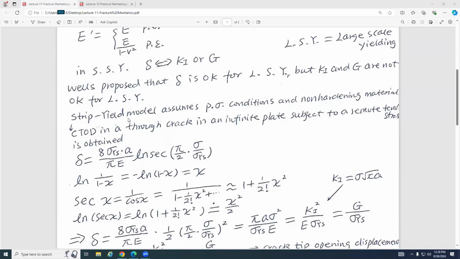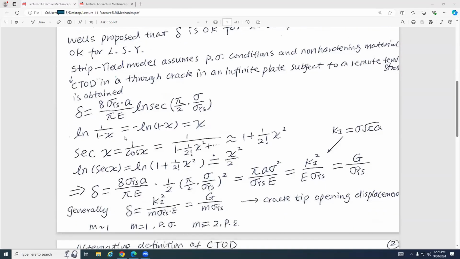And also, for the through-thickness crack, K1 equals sigma times the square root of pi a, and you can just plug in. So you have K1 here. And also G and K1 are related, and you can have G divided by sigma ys. So this is how we get this delta for through thickness.